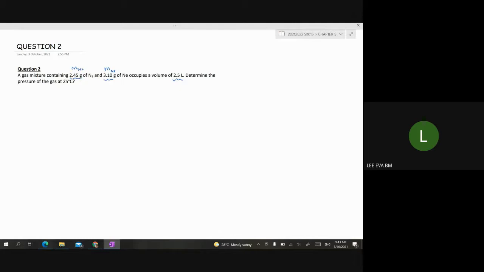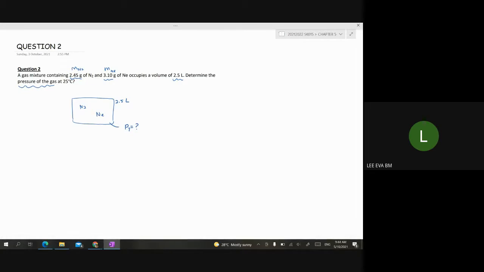Okay, so the pressure of the gas, what does it refer to? Total. Total, right? Okay, yes, it means total. In one box of 2.5 liter, inside I have nitrogen gas and neon. So what is the pressure of this? They want to know about the total pressure.